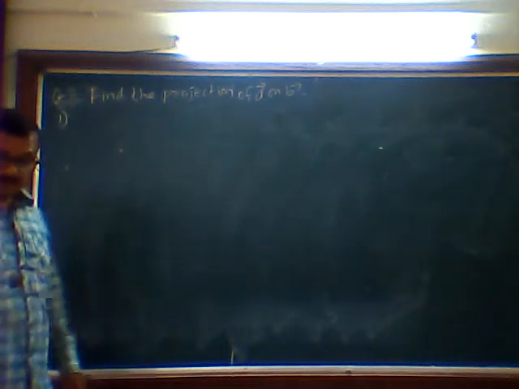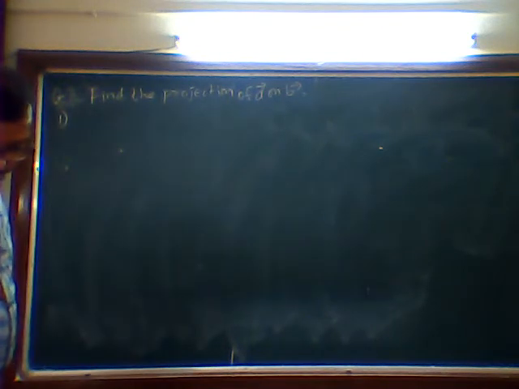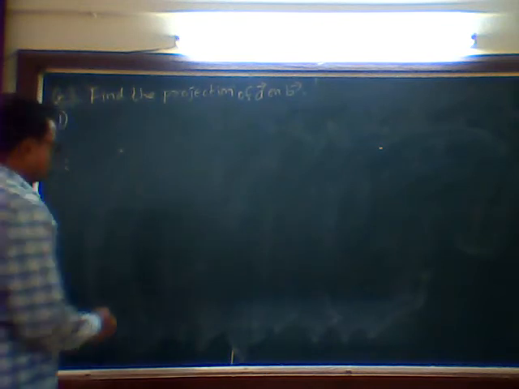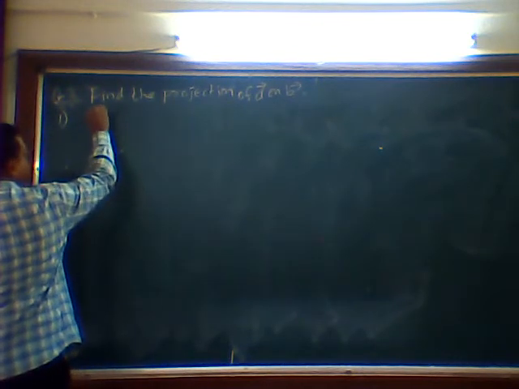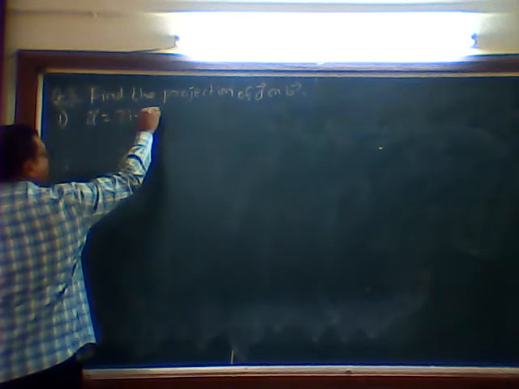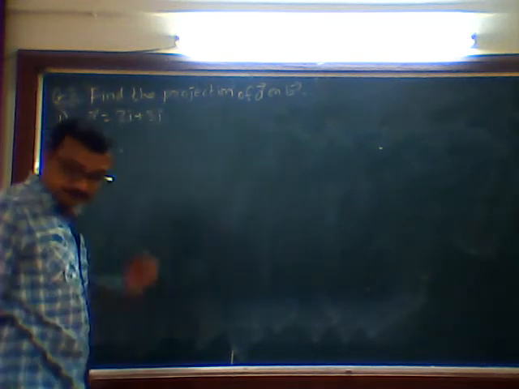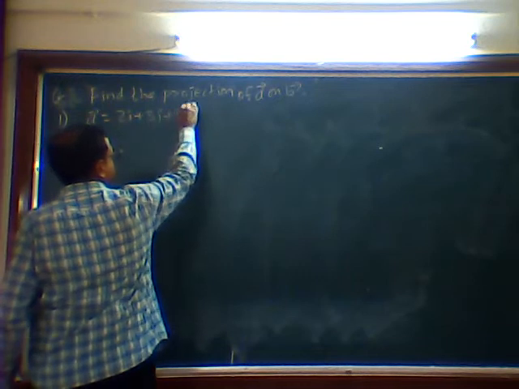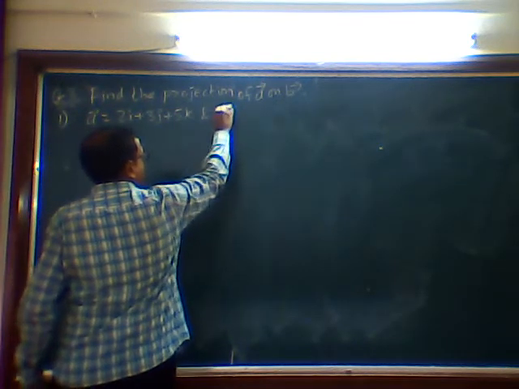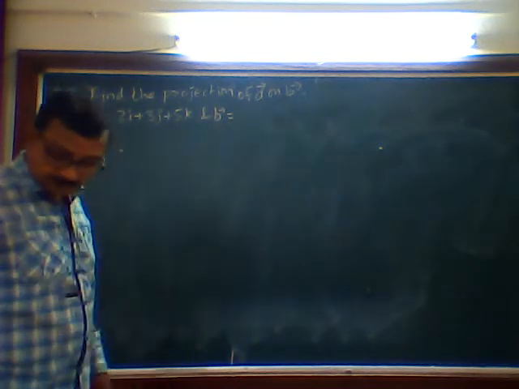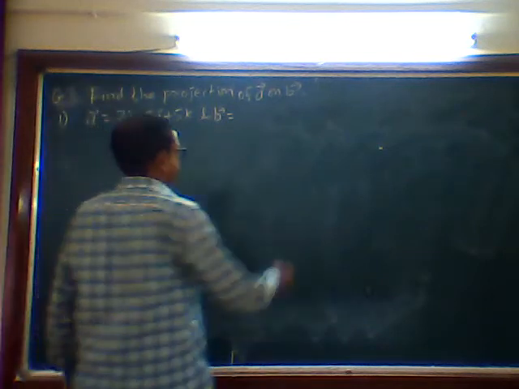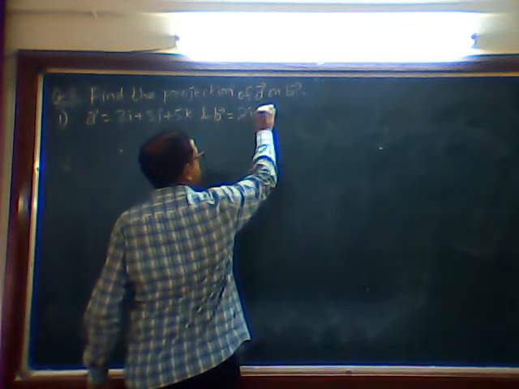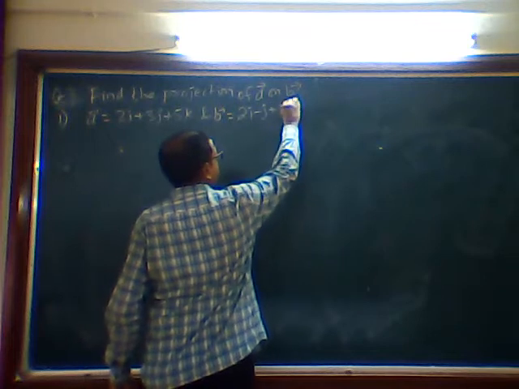In the first question, a bar is given directly: a bar is equal to 2i plus 3j plus 5k and b bar is equal to 2i minus j plus 2k.